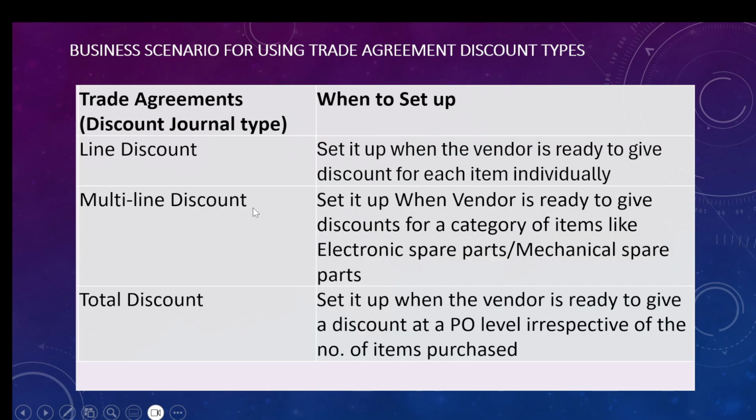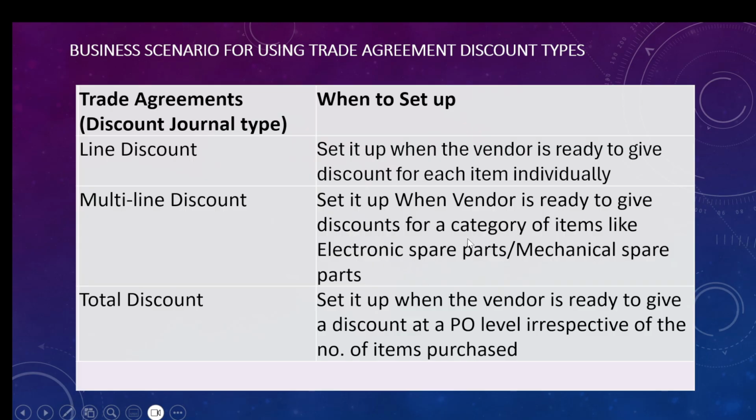Multi-line discount means more than one line in a purchase order. If you add 2 or 3 lines in a purchase order line grid, we can get a multi-line discount as long as they qualify this condition. The condition is that all the line items in the purchase order should belong to a single category.